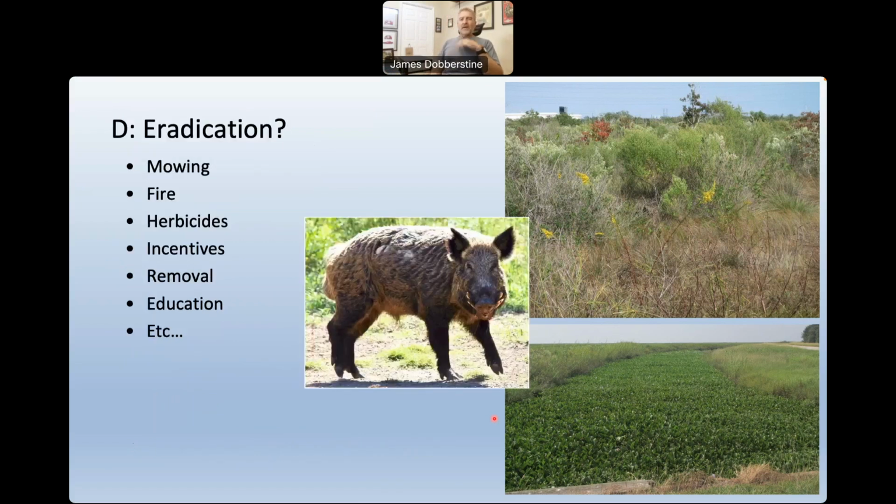So how do you eradicate these? Well, I've mentioned a lot of these, so I won't spend a whole lot of time on it, but mowing, fire, herbicides. You can use incentives. So there are incentives for controlling invasives. There's open season on feral hogs, which are a huge problem here not only in Texas, but across much of the United States.